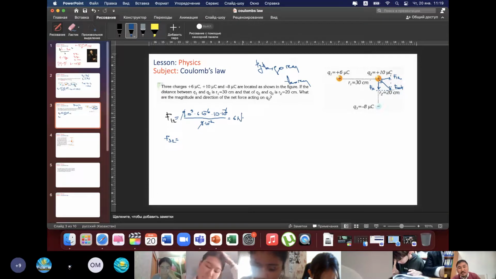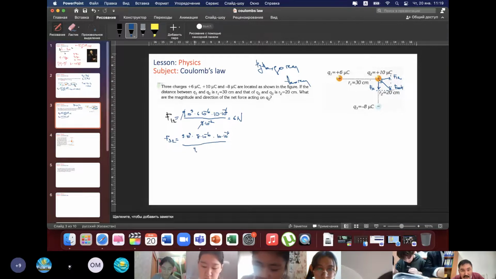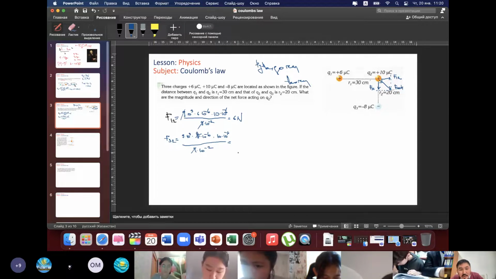Now my Q3 is 8 times 10 to the power of minus 6, times 10 to the power of minus 6, over the distance 4 times 10 to the power of minus 2. I simplify 8 so that I have 2 here. I have 18 newtons.